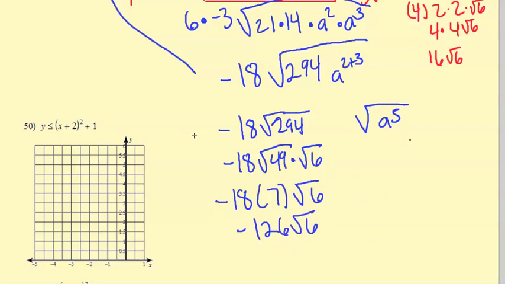Now let's look at the variable. The square root of a to the 5th power is the same thing as a to the 5 over 2. Well, we're going to have a remainder here, so let's go back to our elementary math and divide this. 2 goes into 5 2 times. 2 times 2 is 4. 5 minus 4 is 1. You have a remainder of 1.